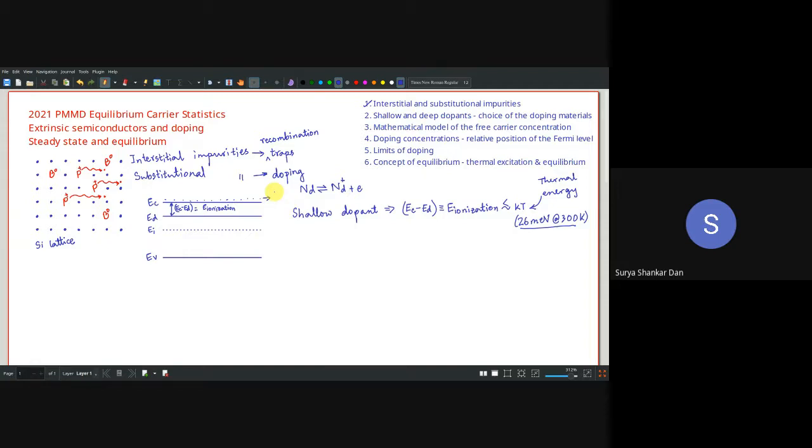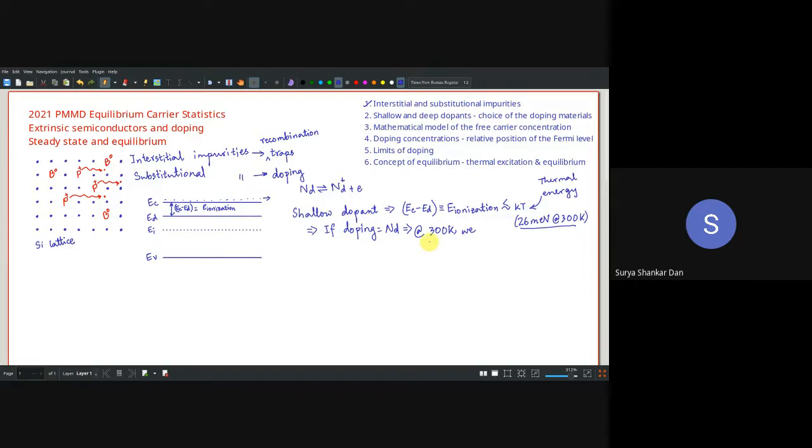So if we have doping equal to Nd, it implies that at 300 Kelvin, that is room temperature, we have Nd free electrons. I will not call it small n, that is the free carrier concentration. I must say due to donors, because there is also thermal generation.